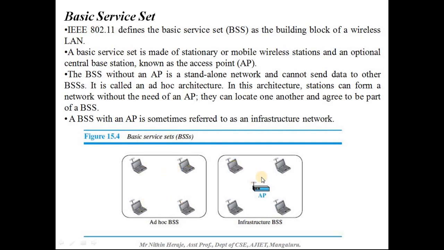The difference between with and without an access point is that these can communicate only within this ad hoc or standalone network. They cannot communicate with the outside network. Whereas if there is an access point, then this network can communicate with the outside network, and this is called infrastructure BSS. So that's the use of the access point over here.